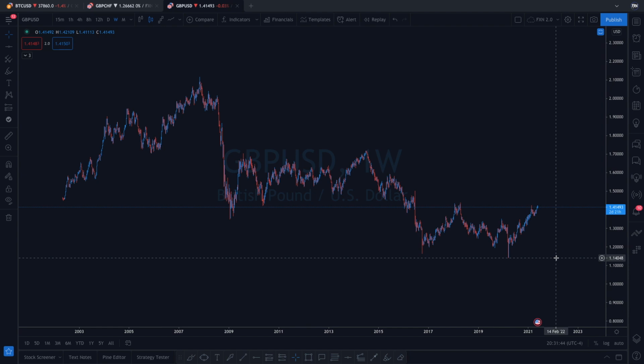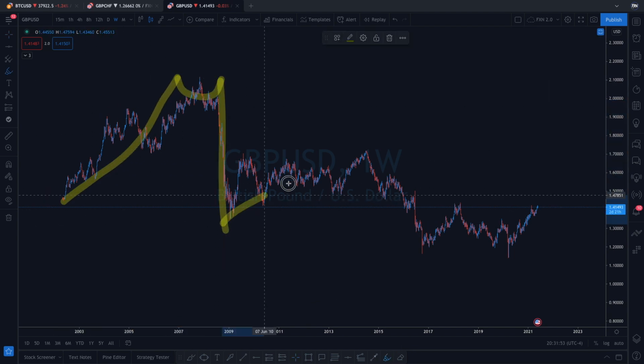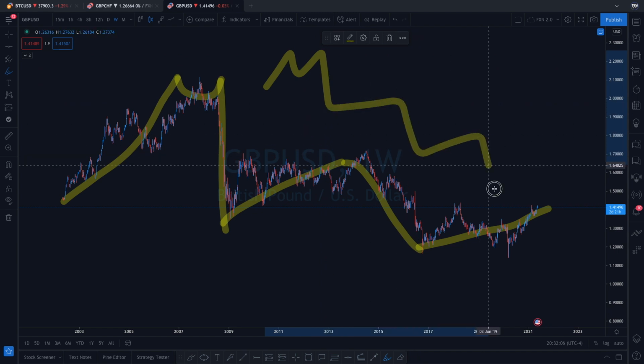All right, so the first thing I'm going to point out here on this weekly chart is the pattern, right? The pattern that we all trade with this strategy. So that's the pattern.